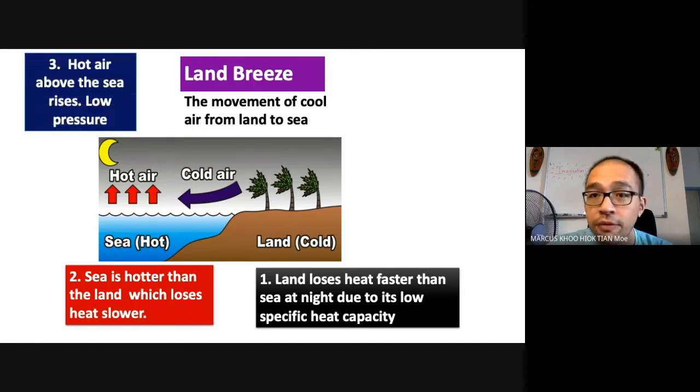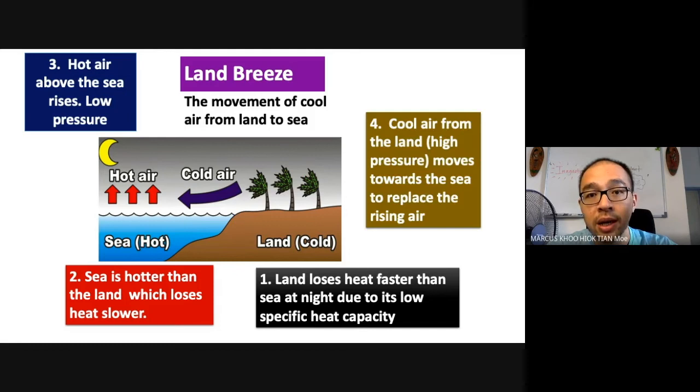The third, fourth, and fifth steps are still the same. Hot air rises, low pressure. Cool air from the land moves towards the sea to replace the rising air. And it goes around and around. So this explanation is very important to remember.